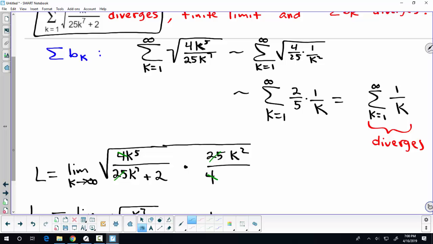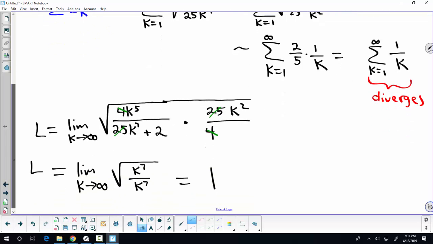So I'm going to multiply this by 25k squared over 4 inside the radical. I'm going to do the same thing with this one. So this is all the square root of 1 that's just going up. Here's our a sub k, whatever that stuff was. Makes sense. Any other questions with that?